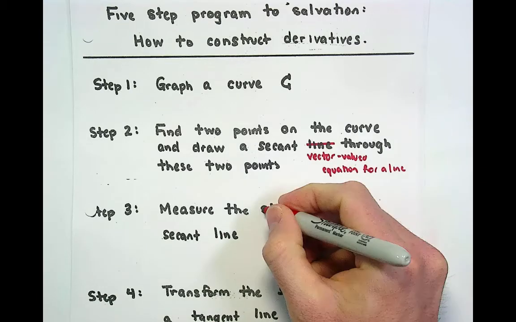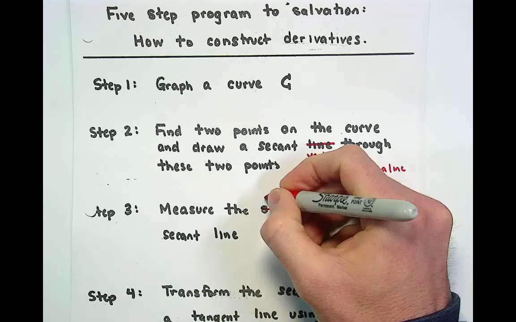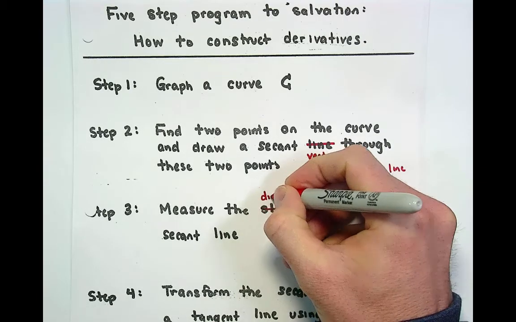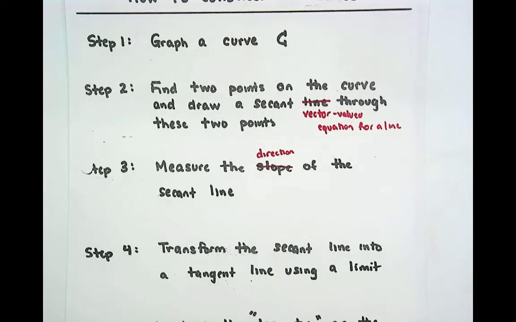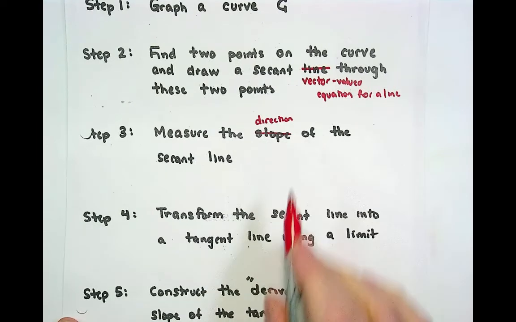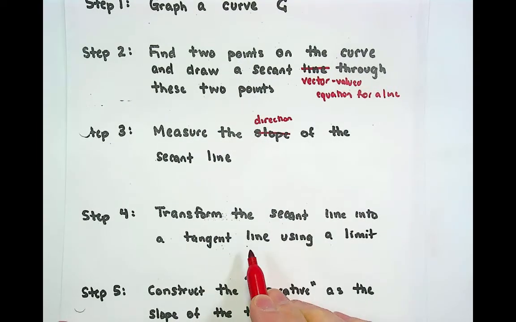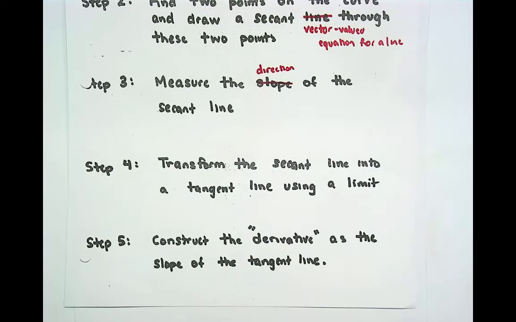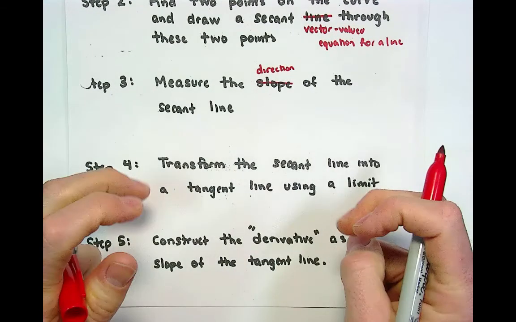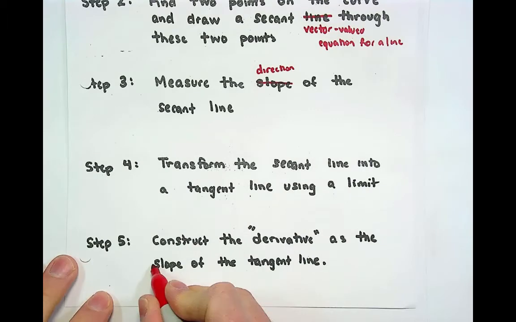And then we're going to measure the slope, but remember, slope corresponds with direction of that secant line. And then we're going to transform the secant line into a tangent line using the appropriate limit. And of course, we'll construct the derivative as the slope, or in other words, the direction of the tangent line.